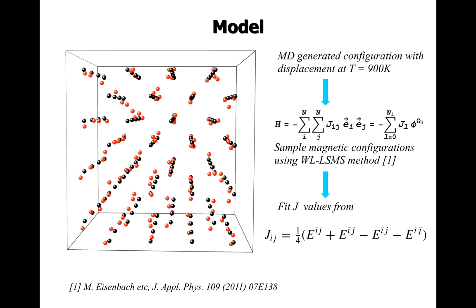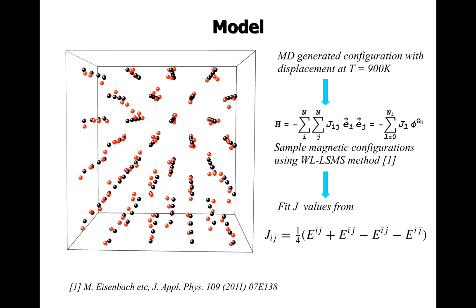So we take this and we use the large LSMS calculations to calculate the energies for different magnetic configurations that we impose on those, to be able to fit the magnetic exchange between these sites.